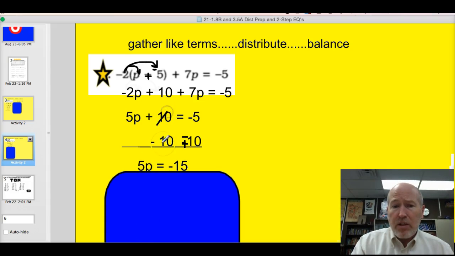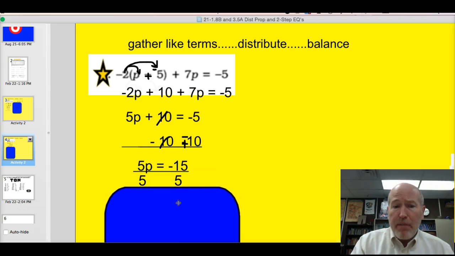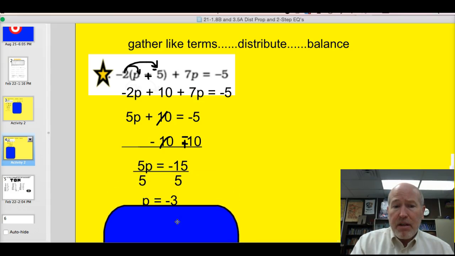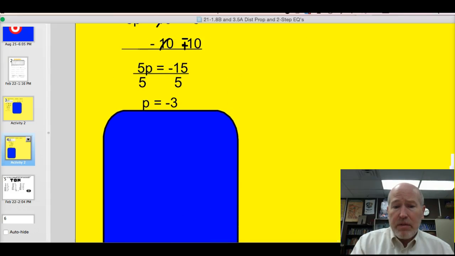I can cross these out too. Now we divide by 5. These 5s cross off as we divide. We end up with p equals negative 3, because we have negative 15 divided by 5. 15 divided by 5 is 3. There's only one negative sign, so that's a negative 3.